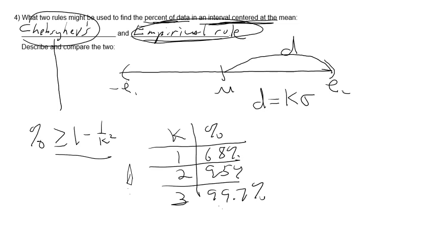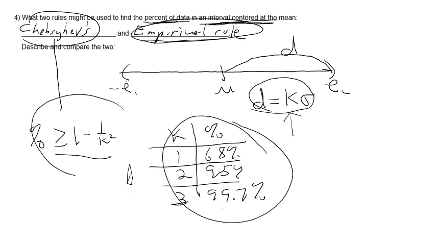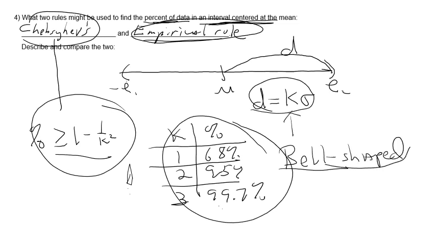The percentage is at least 1 minus 1 over K squared. So typically you're given the interval, and you're going to have to find K from this formula. Then based upon if it's Chebyshev's or the empirical rule, you're going to either use a table or the formula. Now which one? The empirical rule is associated with bell-shaped data, so you'd have to see that word in the problem in order to use the empirical rule.